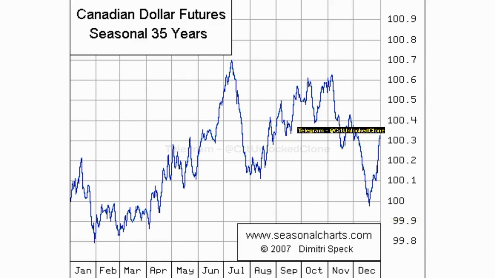Now, if we're going to use this information on the USD CAD forex pair, then we're simply going to use the inverted info. So for USD CAD, it would be that it seasonally has a tendency to go higher during these particular months. The Canadian dollar has a tendency to go lower, but USD CAD has a tendency to go higher. You know what I mean.